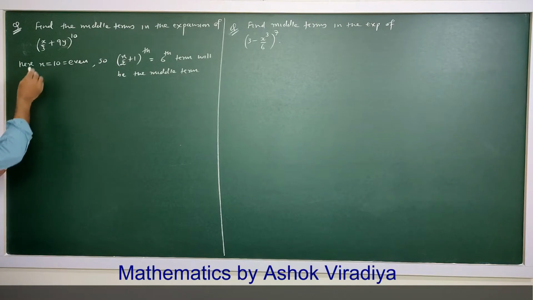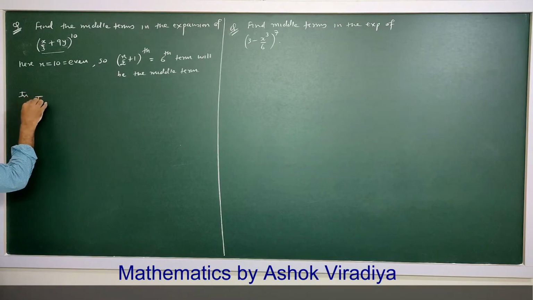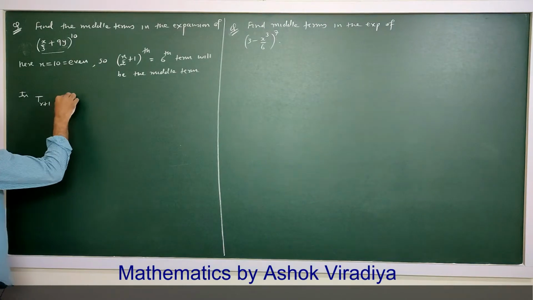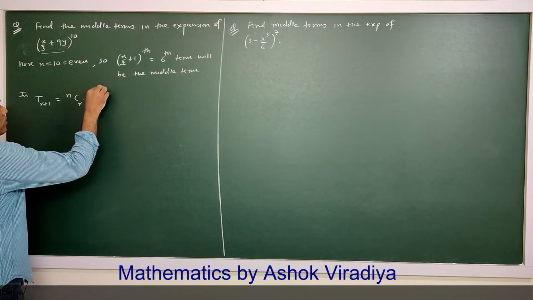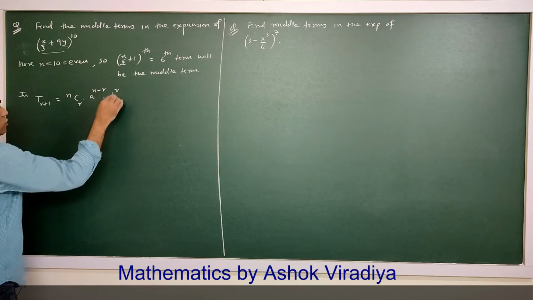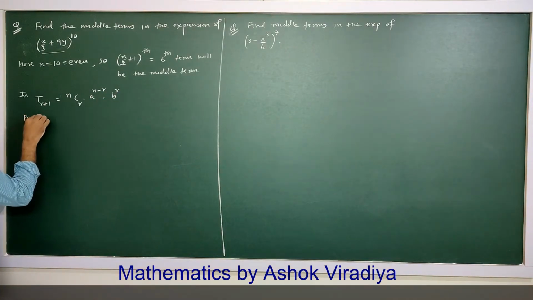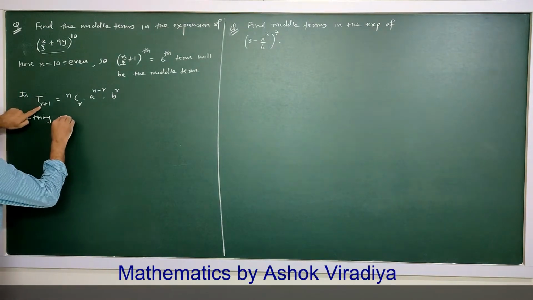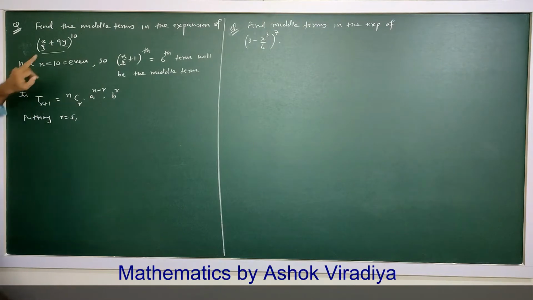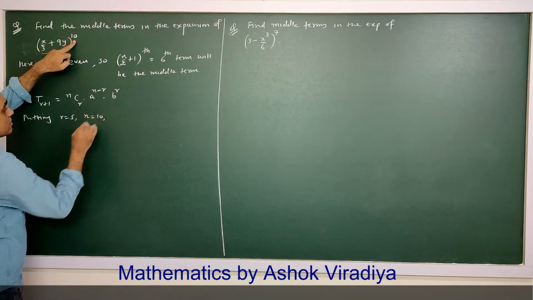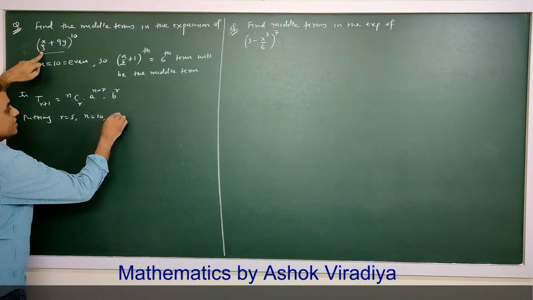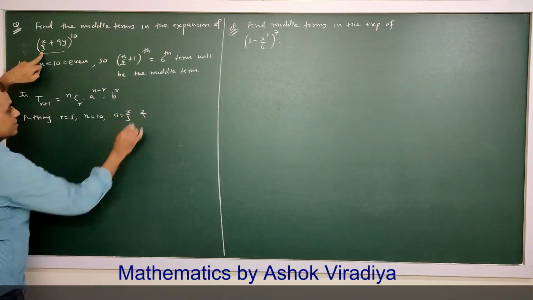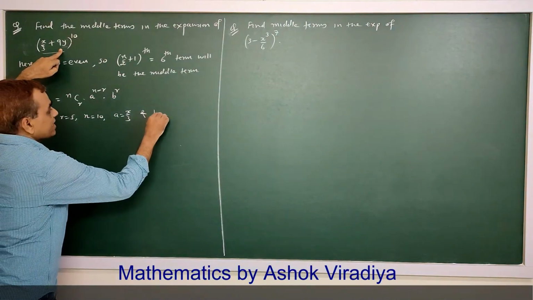Now here this is a plus b raised to n. So the formula for the r plus 1th term in the expansion of a plus b raised to n is nCr a raised to n minus r b raised to r. We are putting, because we want the 6th term, we should put r equal to 5. n is 10, a is x by 3 and b is 9y.